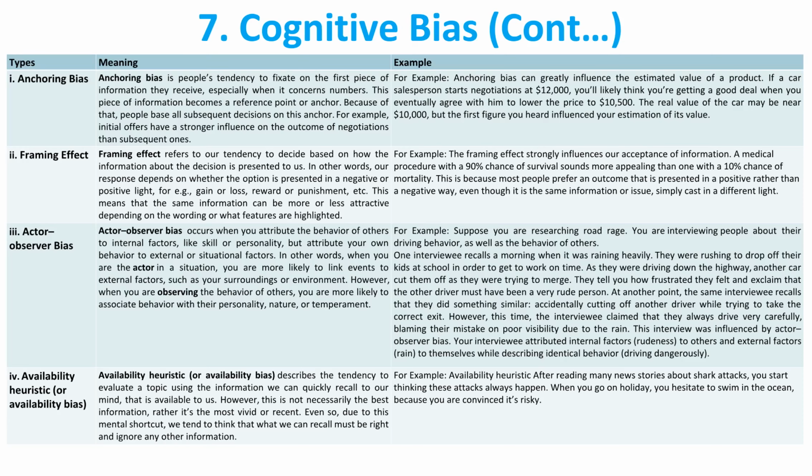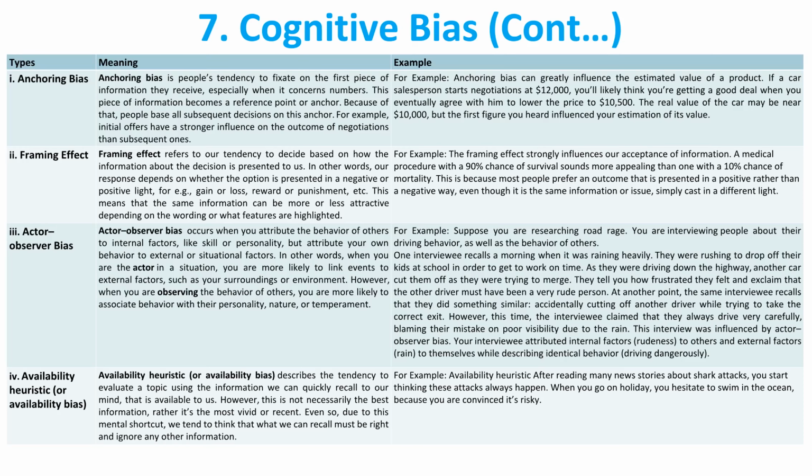Framing effect refers to our tendency to decide based on how the information about the decision is presented to us. In other words, our response depends on whether the option is presented in a negative or positive light, for example, gain or loss, reward or punishment, etc. This means that the same information can be more or less attractive depending on the wording or what features are highlighted.